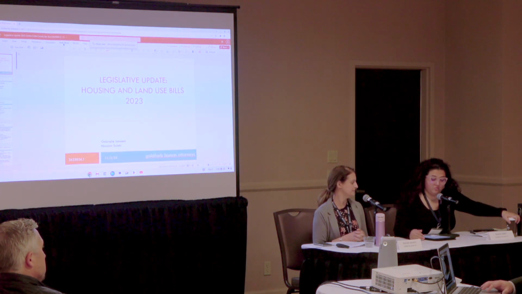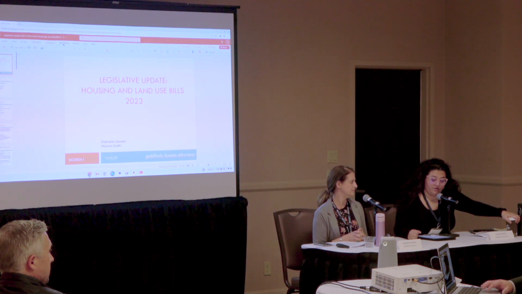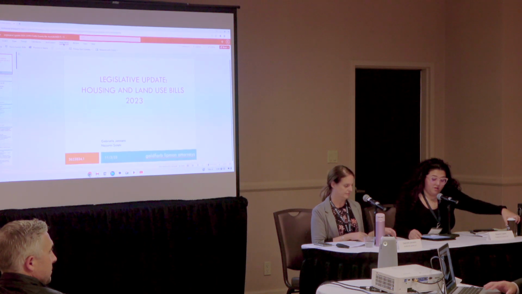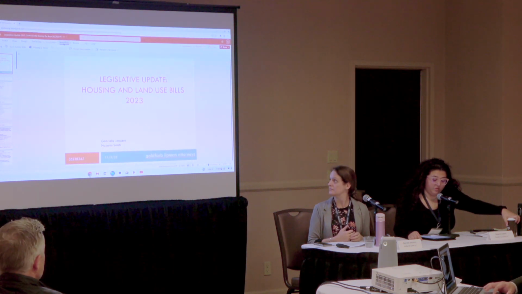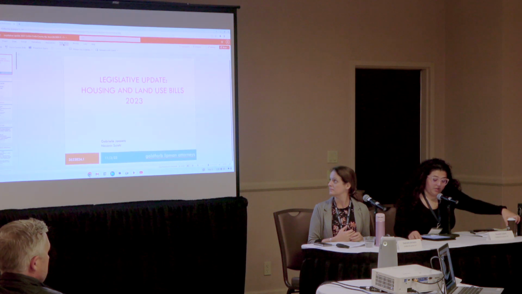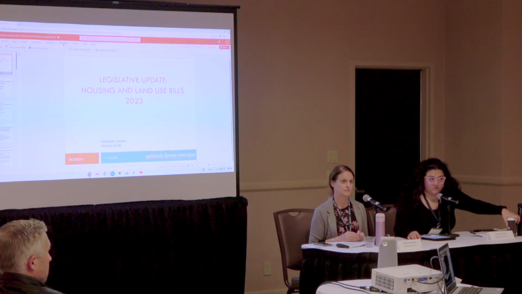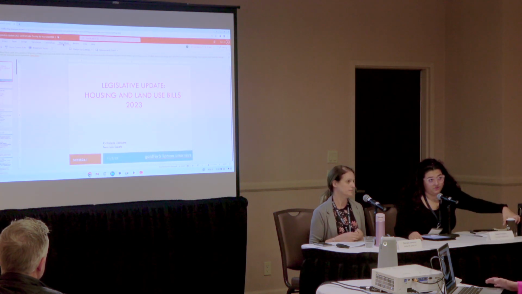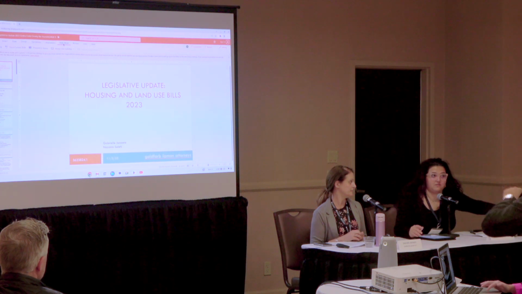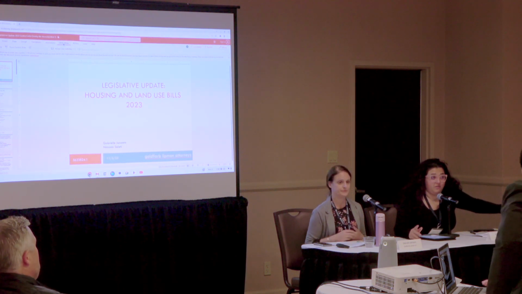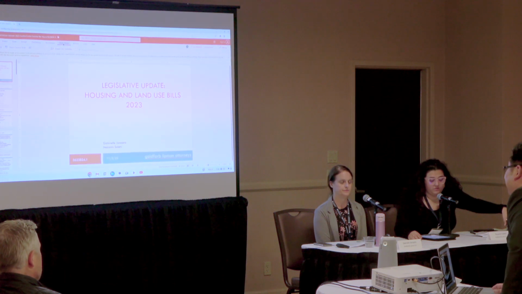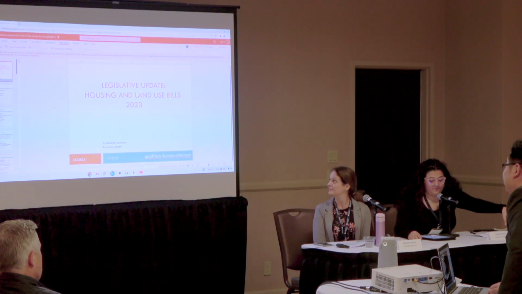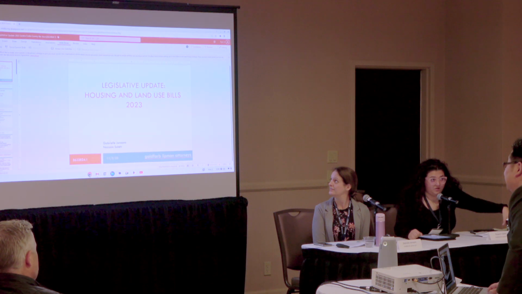The jurisdiction cannot impose or require curing of any pre-existing deficit or conflict with maximum density requirements, maximum floor area ratio requirements, parking, and open space requirements. Otherwise, any other objective standards, setbacks, things like that, they can require those to be cured. But you can't deny the project on the basis that they don't meet those requirements.